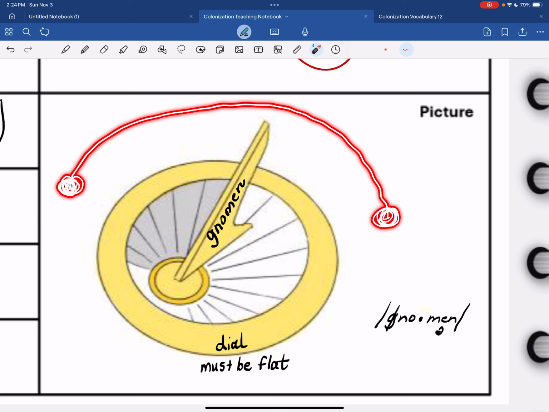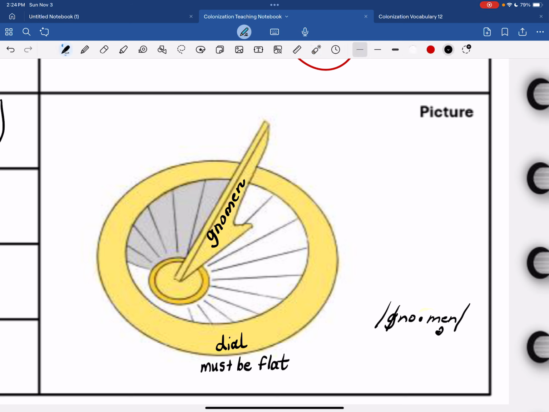So, as the sun moves and it shadows different parts of the gnomon in the daytime, you can tell what time it is by counting these shadows. And I'm not doing a very good job. If you're really interested, go to YouTube and look for a video about sundial. I bet you could find one and see this actually work.